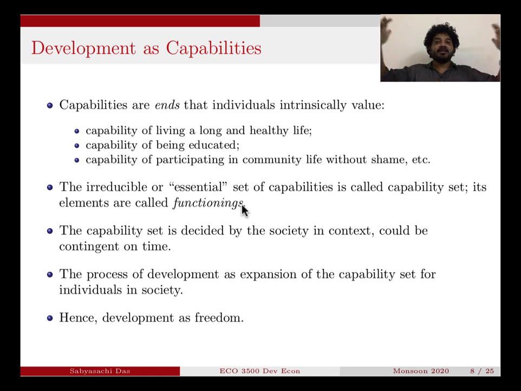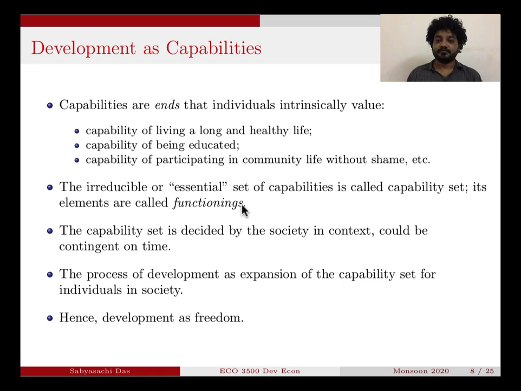So these are various kinds of goals that a lot of people value intrinsically, and if we are interested in development, we should think about this set of capabilities, which he refers to as capability set, and we should try to measure to what extent individuals in a society are able to attain each of these capabilities.